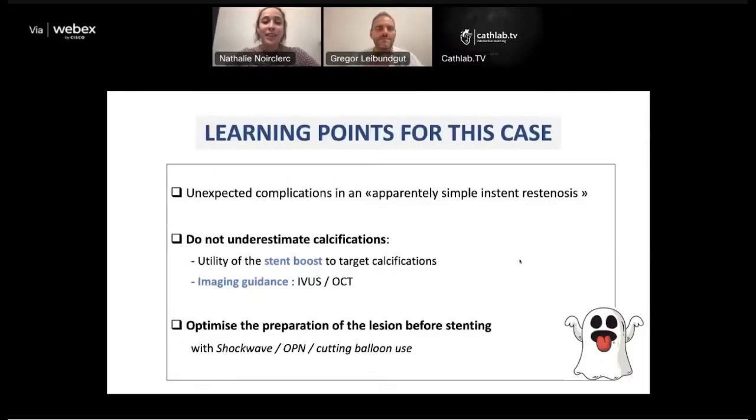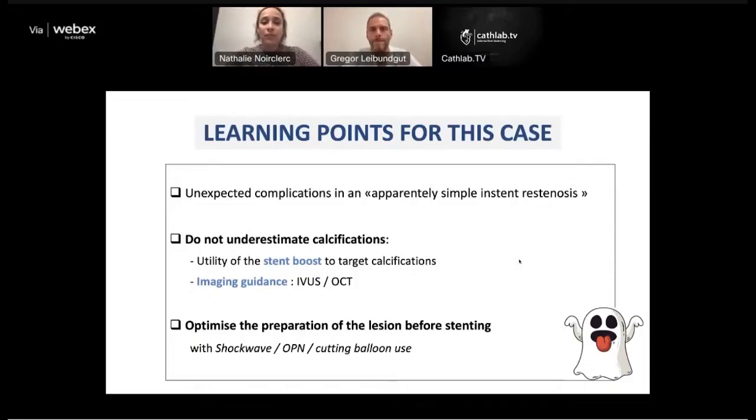So it's an unexpected complication in an apparently simple instant restenosis. What I learned is that we mustn't underestimate the calcifications, because if we relook at the angiogram, we can see that it's calcified, but at first I really did not see it. So there is a utility of the stent boost to target the calcifications.